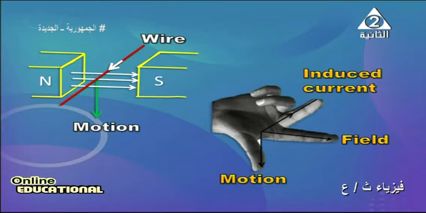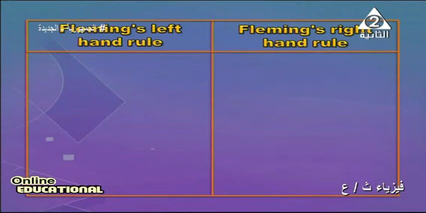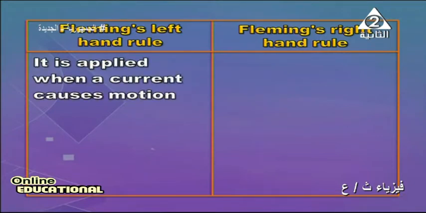So we've learned about Lenz's rule and Professor Fleming's right hand. And now it's high time to make a comparison between, yes, Fleming's left hand rule and Fleming's right hand rule. Your attention, I'm comparing between Professor Fleming's left and right.